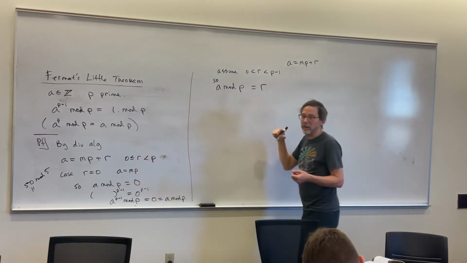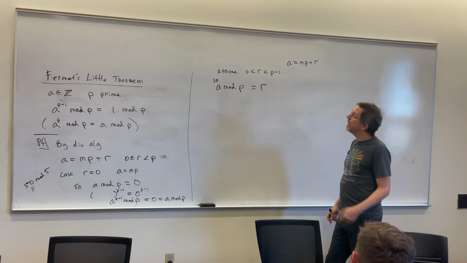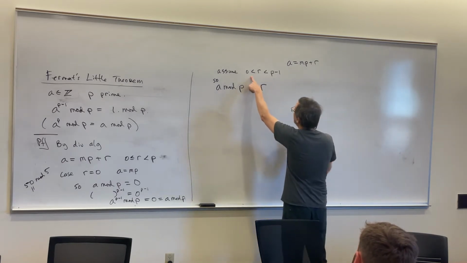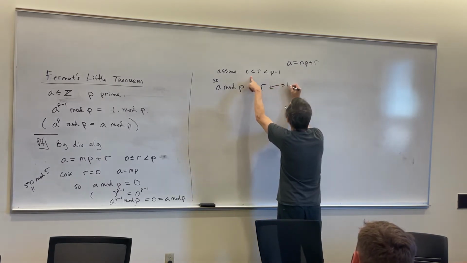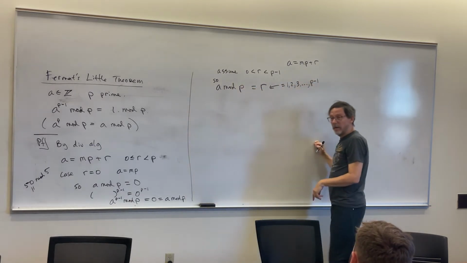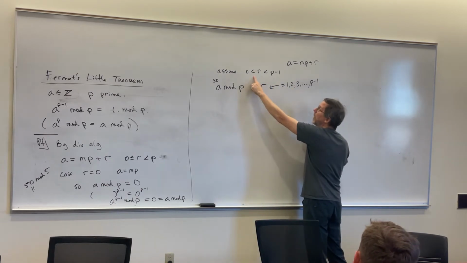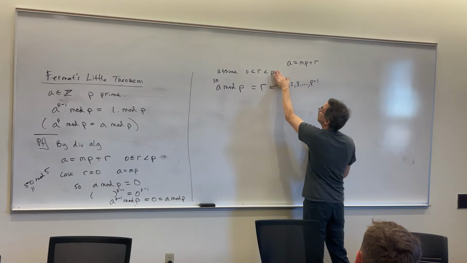So we got that. Does that sound good to you, Kyle? Yeah. Okay, outstanding. So this number r is equal to 1, 2, 3, on up to p minus 1. It's somewhere, because we assumed that we got rid of the 0 case, so it's 1 on up to, and this should say p minus 1 here, excuse me.